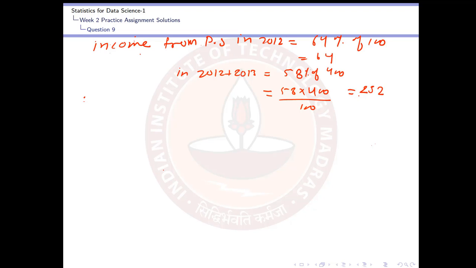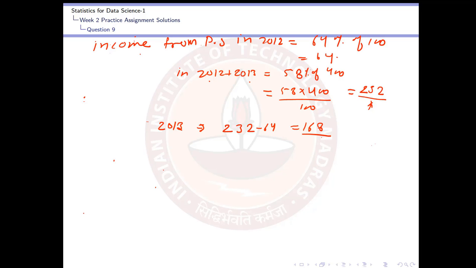Since it is the combined income of 2012 and 2013, the income from the primary sector in 2013 itself will be 232 minus 64, that is 168.